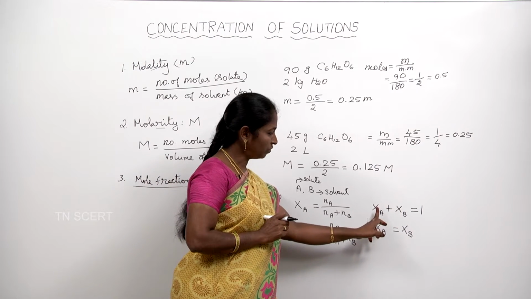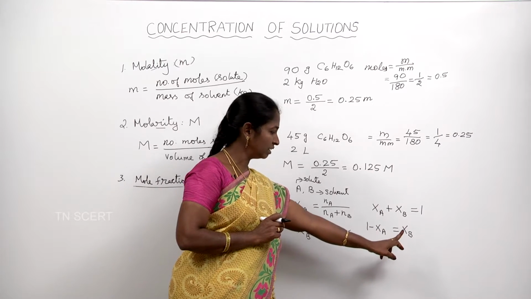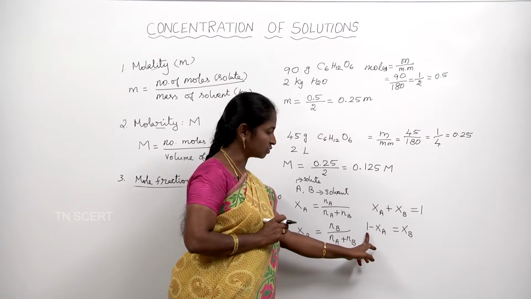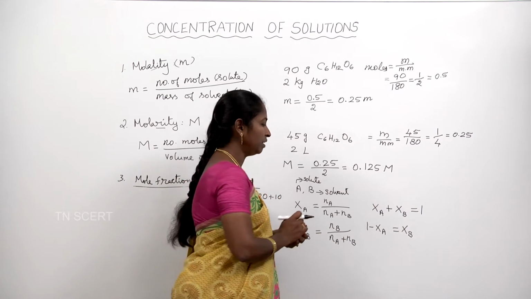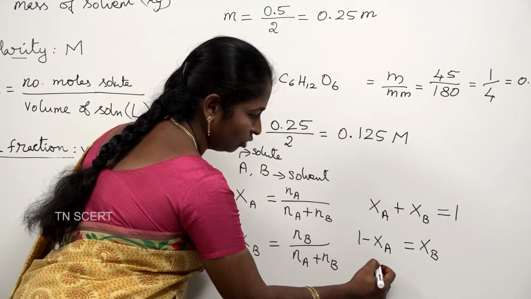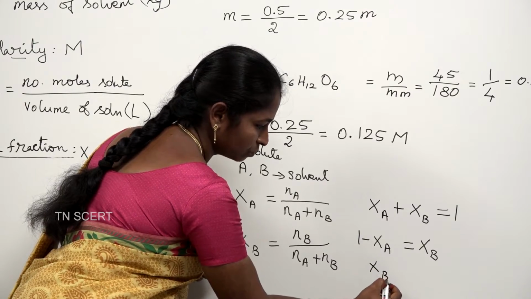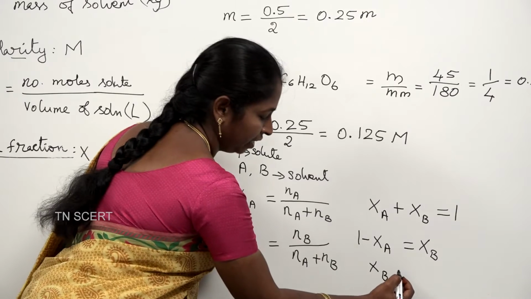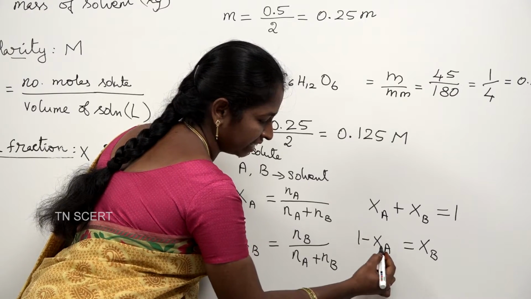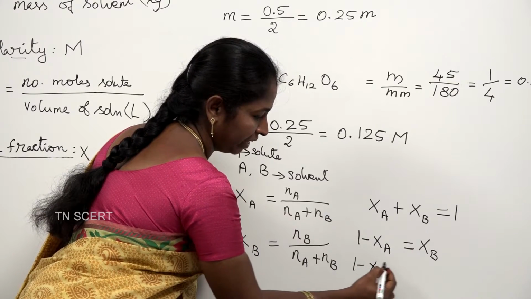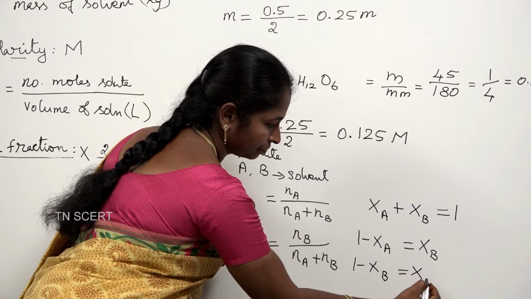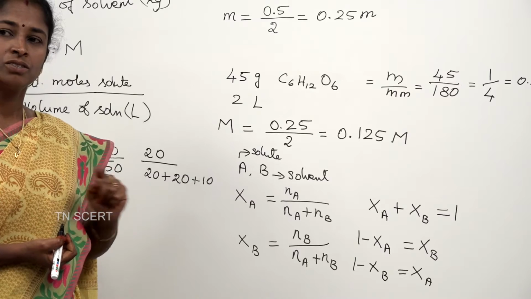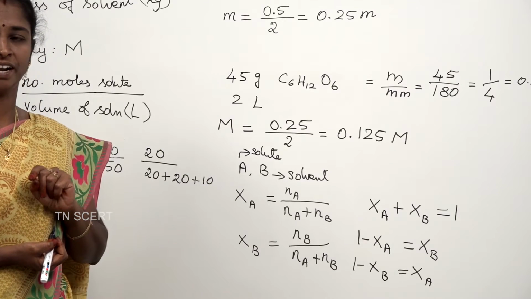So, if you know the mole fraction of A, you can calculate the mole fraction of B as 1 minus XA. Similarly, if you know the value of XB, the mole fraction of solvent, then you can calculate XA as 1 minus XB. So, this is about the mole fraction.